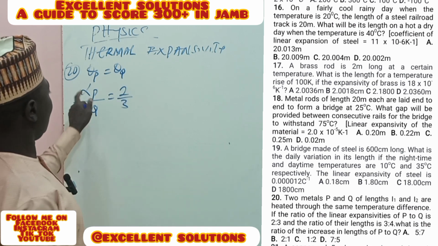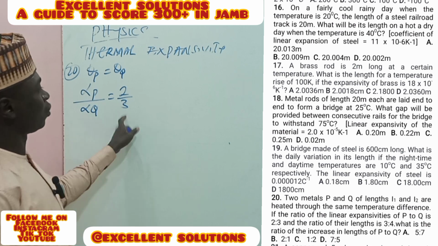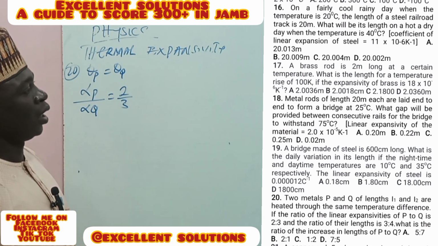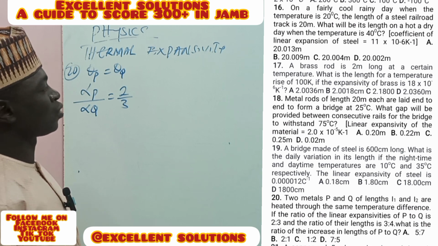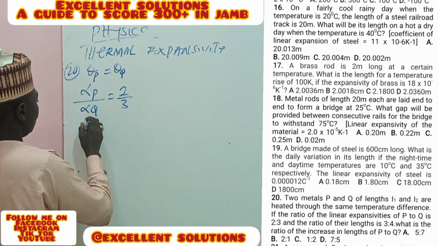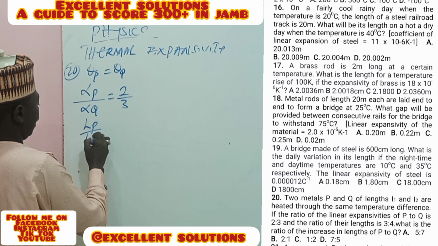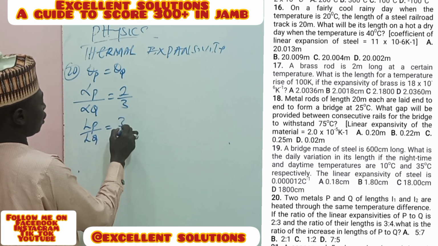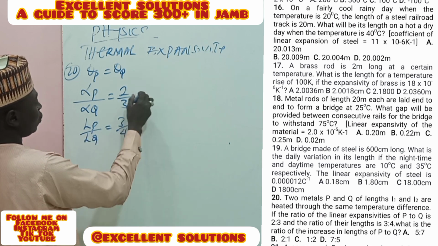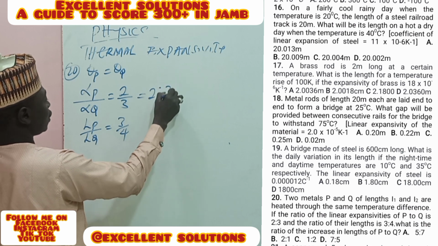So alpha P equals 2, alpha Q equals 3. And the ratio of their lengths is 3:4, so L of P over L of Q is equal to 3/4.